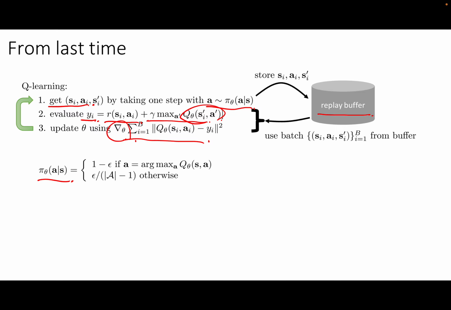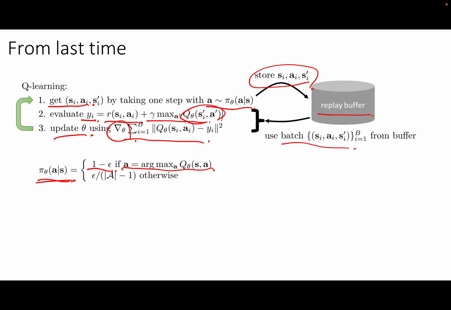And we store the sampled transition, the state and updated state with the action, in our replay buffer. To update theta, we sample a batch from the replay buffer and minimize this loss function. This shows the epsilon greedy approach: with probability 1 minus epsilon, we take the greedy action.